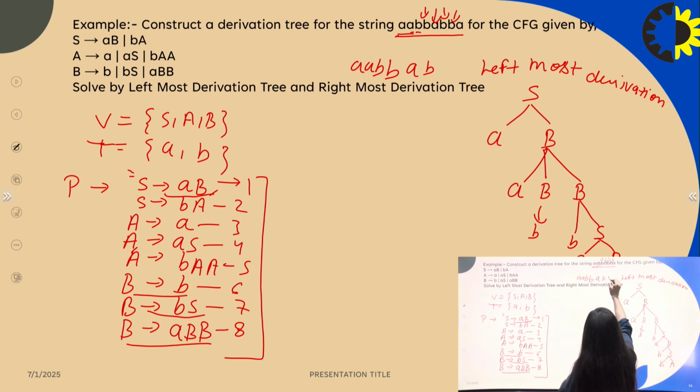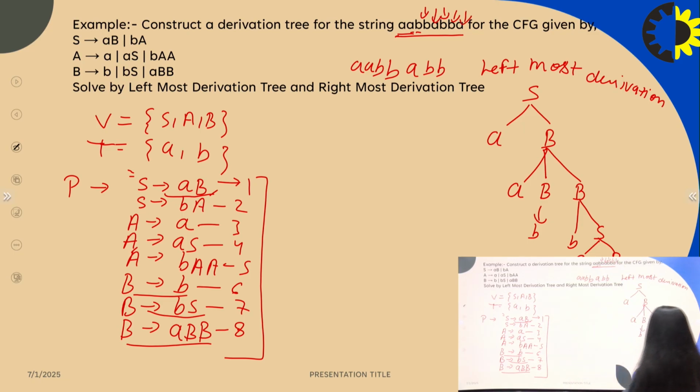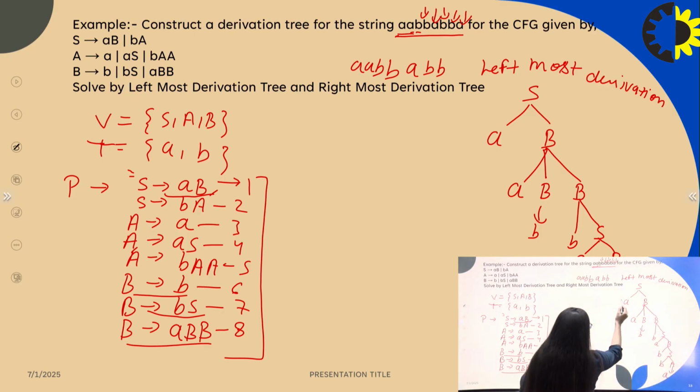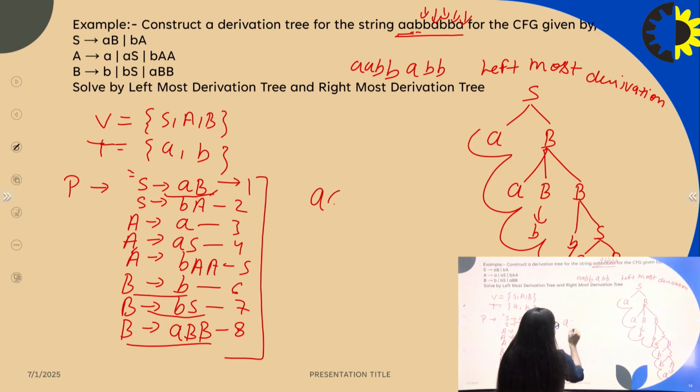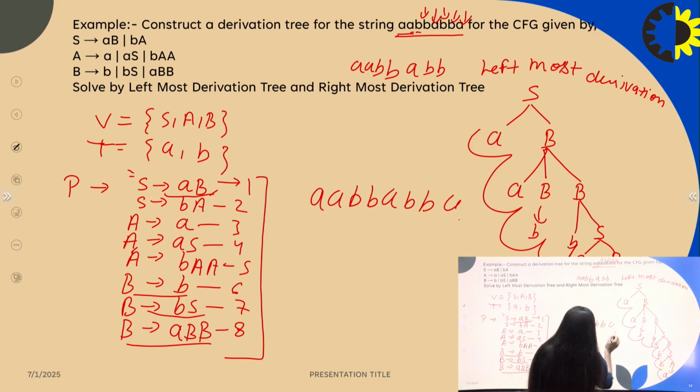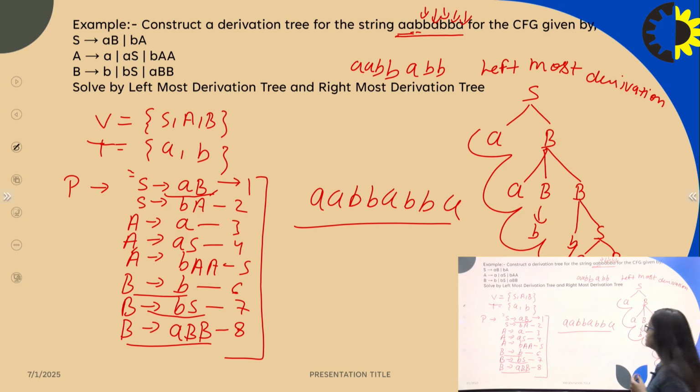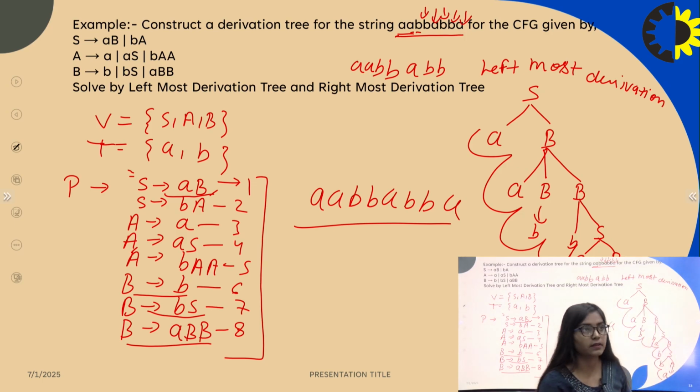So we find a B. Now we want A. So A replaced in small a. We find out the input string abbabba. The input string is abbabba from the leftmost derivation tree.